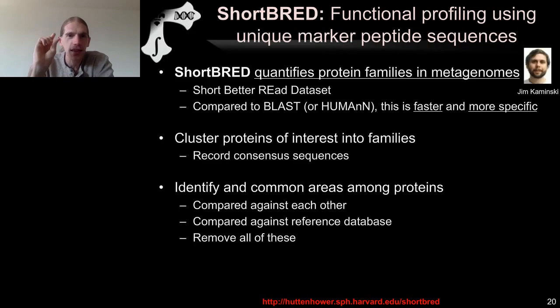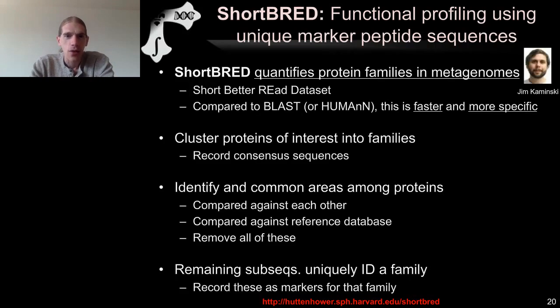So if you have just a few types of sequences that you're interested in picking out of a metagenome or metatranscriptome, ShortBRED will take that list of sequences, cluster them into homologous families, identify just the unique regions that separate each family from others and from other proteins, and then count up how often those unique sequences occur in a metagenome or metatranscriptome.